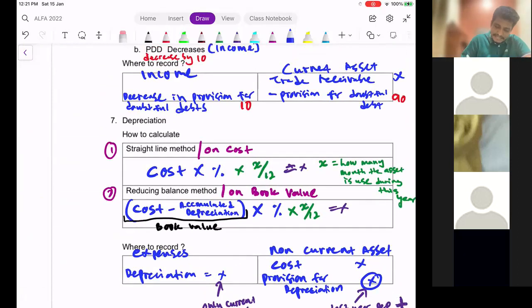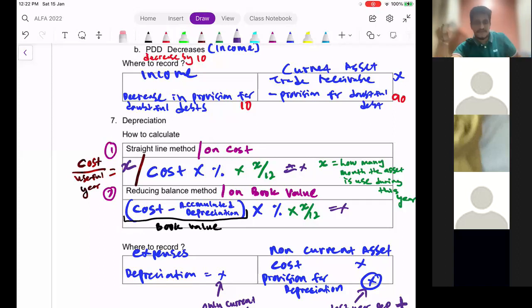In the straight line method, there's another formula: we take the cost, divide by the useful years. You'll get a depreciation also.